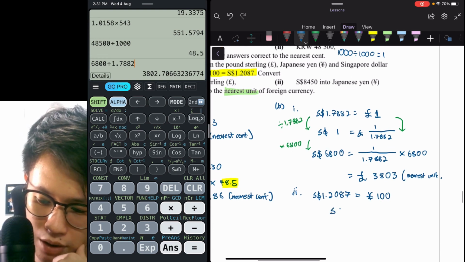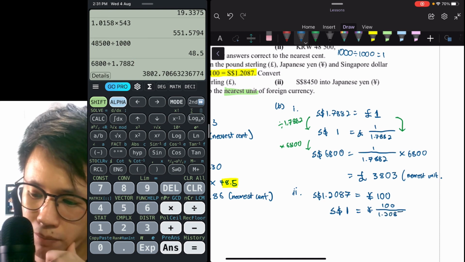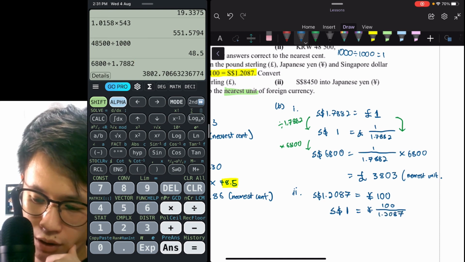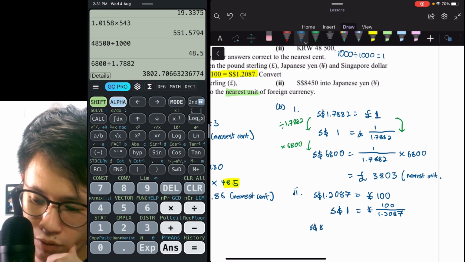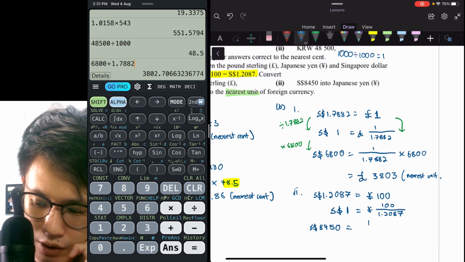You find out what 1 Sing dollar is first, and in terms of yen, it will be 100 over 1.2087, and we want to find 8,450 Sing dollars. How much is this equal to? In terms of yen, it will be the rate for 1 Sing dollar multiplied by 8450.